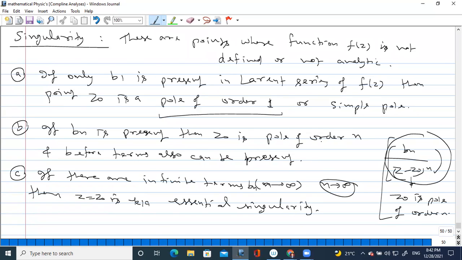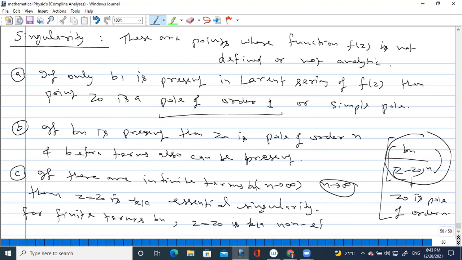And if it is not infinite, then it can be named a simple pole or a pole of order something, or it can also be known as a non-essential singularity. So two names can be there, but on this definition we can say that for finite terms of Bn, z equal to z naught is known as a non-essential singularity.